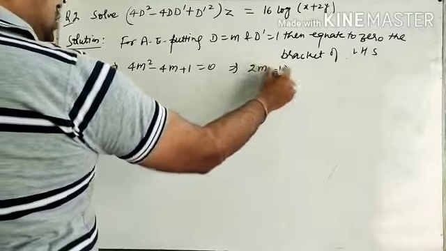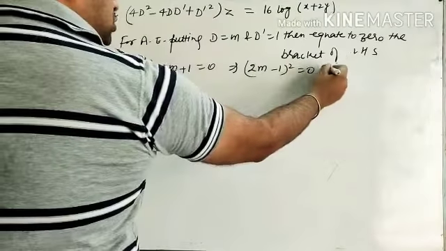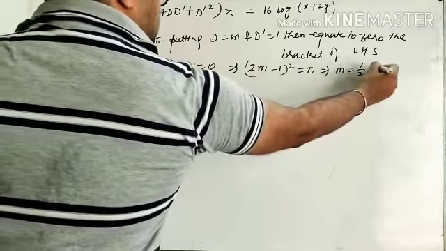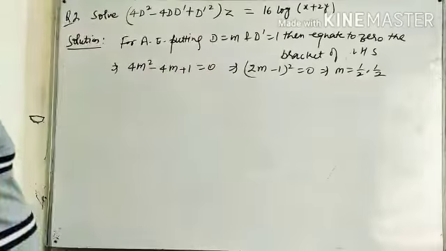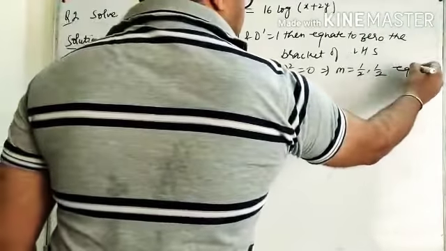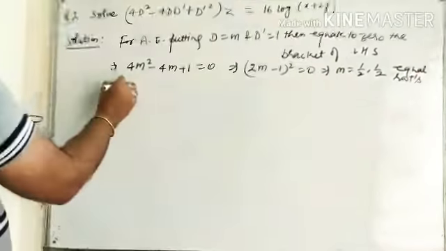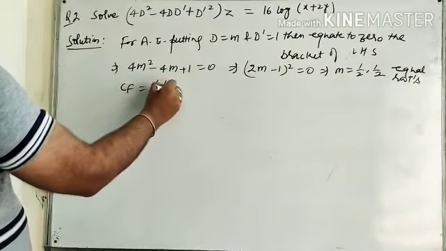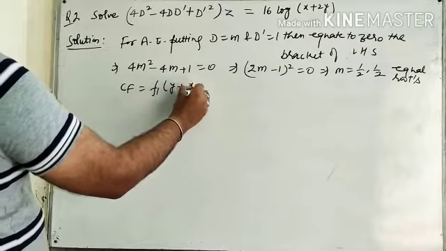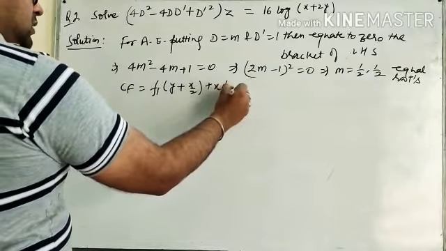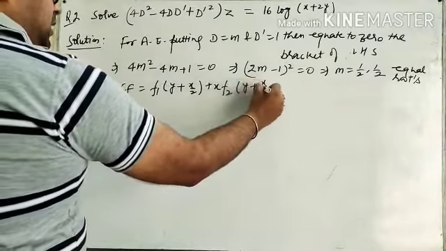This is (2m minus 1) whole square. So we get m equals 1 by 2, 1 by 2. So equal roots exist, and CF equals f1(y plus x by 2) plus x f2(y plus x by 2).